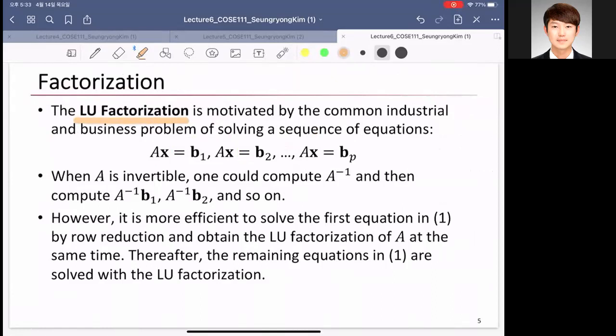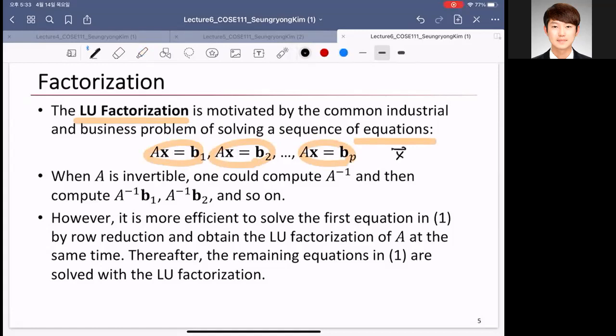LU factorization is motivated by the common industrial or business problem of solving a sequence of equations: Ax = b1, Ax = b2, ..., Ax = bp. In many industrial or business problems, we want to solve this kind of sequence of equations.